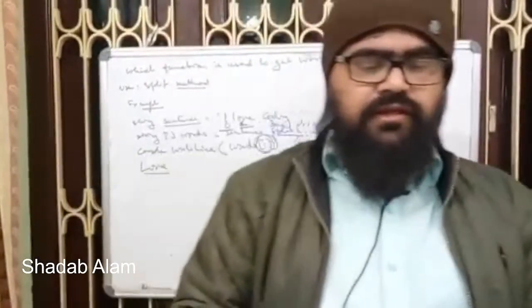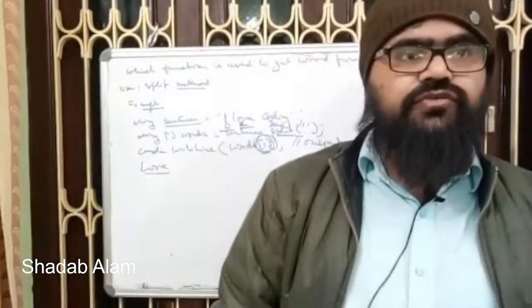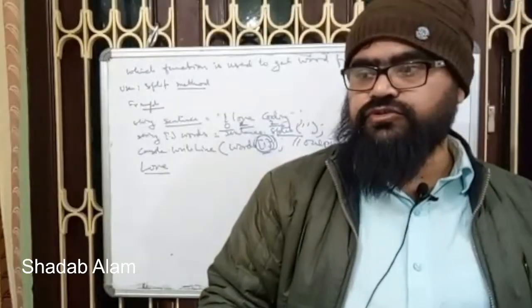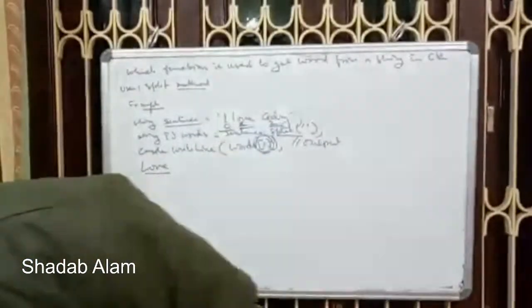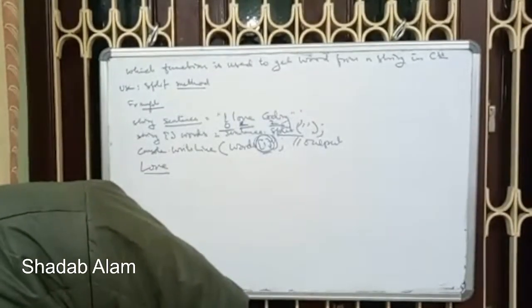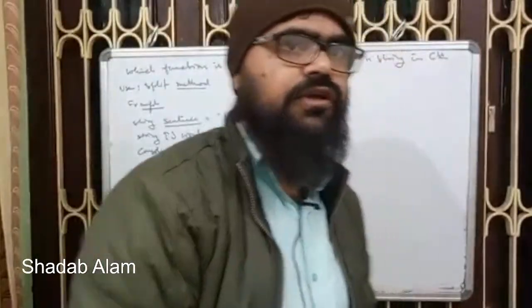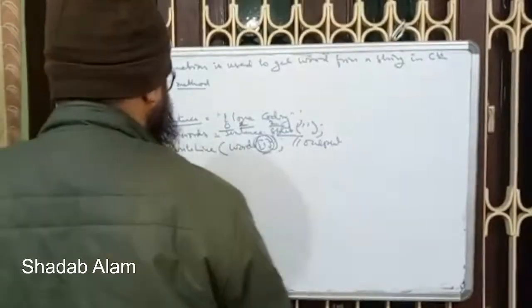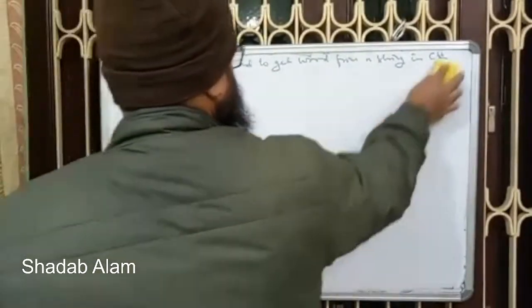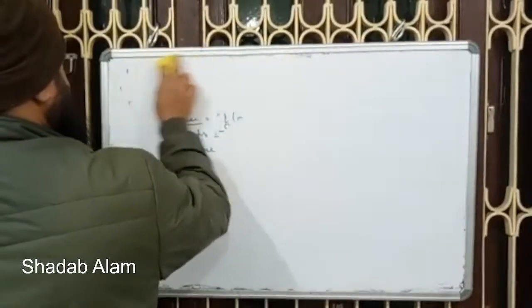SQL. Okay, and in SQL, which function is used to get today's date? In SQL, which function is used to get today's date? Okay, so now this is the SQL question.